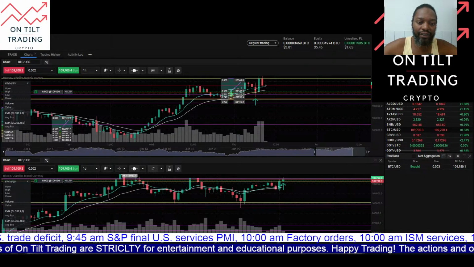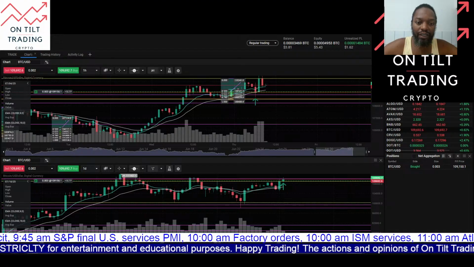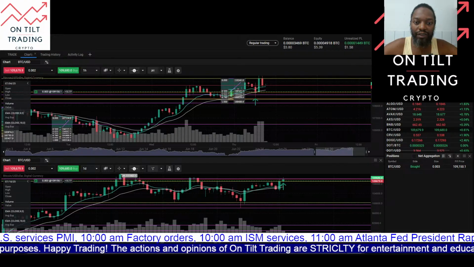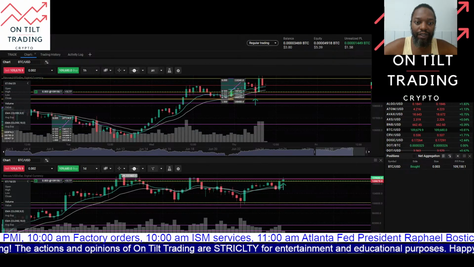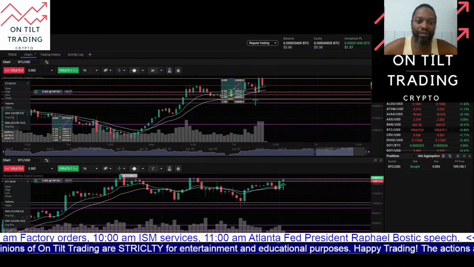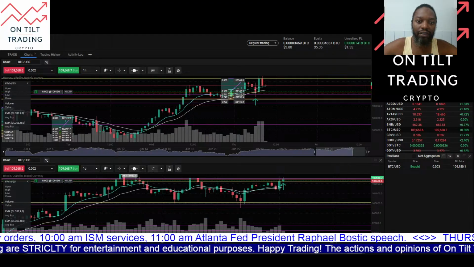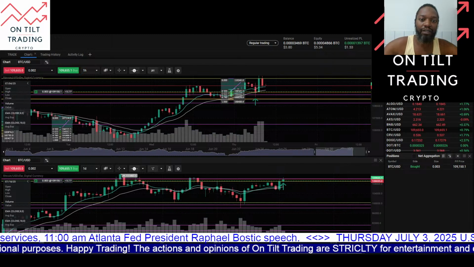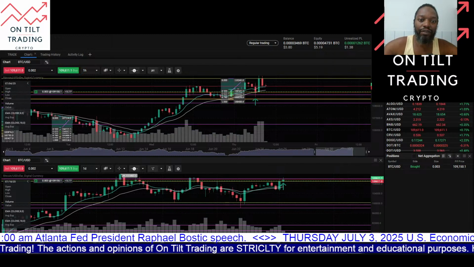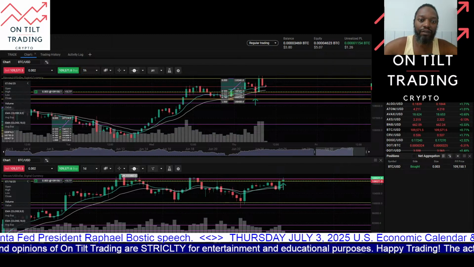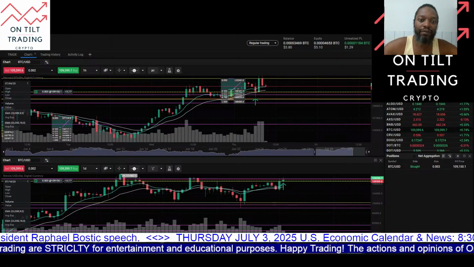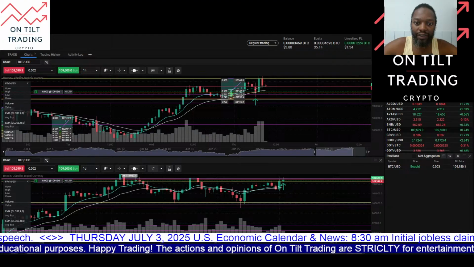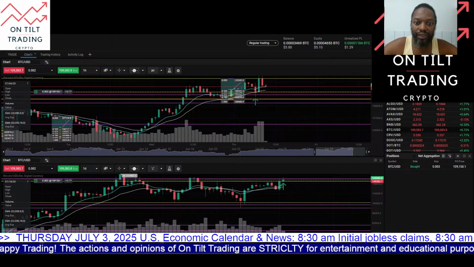Yesterday I had this structure put in, and then overnight and into London there was a break of structure here. Break of structure up here. Break of structure that put in the current range that we're trading in now.